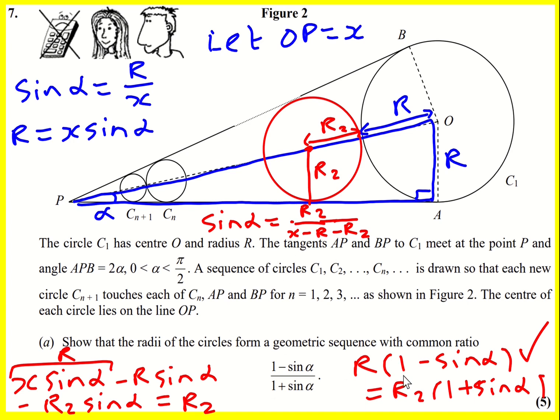But this is a good starting point at least, and it gives you the idea of drawing some triangles. So the way to actually deal with it is not to have this big triangle here with this x that we need to eliminate, but just look at two circles together.